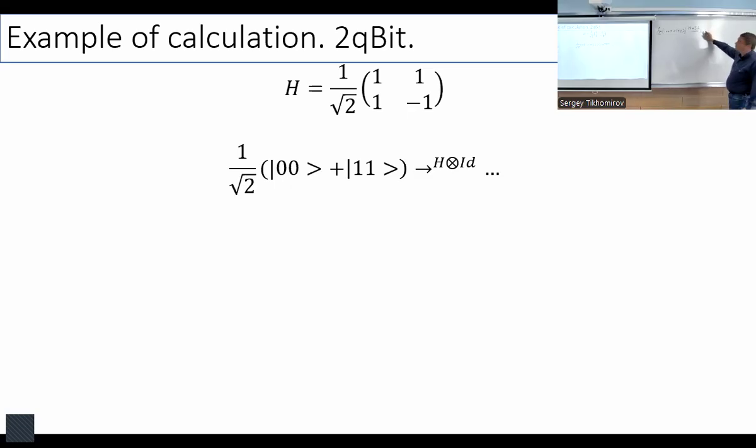So we apply H first: 1 over square root of 2, H of 0, and okay, tensor 0, plus 1 over square root of 2, H of 1, tensor 0. H of 0 is 1,1 with coefficient 1 over square root of 2, and H of 1 is 0 plus 1 with the same coefficient, tensor 0.